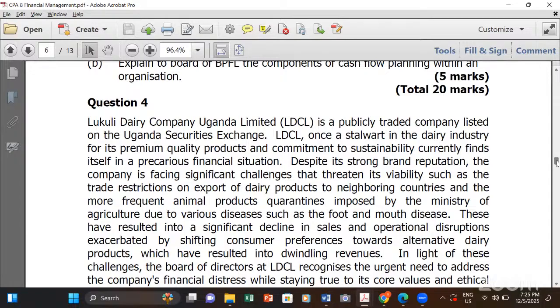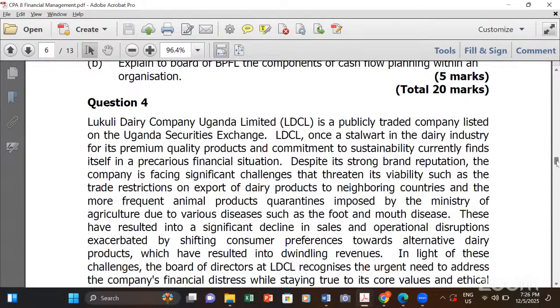Okay. Now, despite its strong brand reputation, by the way, as we are reading this, you need to understand, when they put these cases, they don't just put them for familiarity. You actually need to understand the case. The examiner wants to pick that interpretation, whether you understood. This is a client. Now they're telling us their problem. So when we are advising them, we must advise.